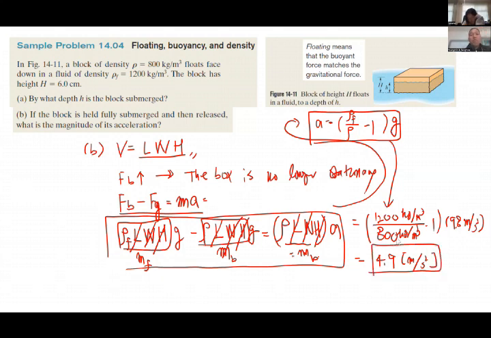So if you fully submerge this box into this fluid and then just take off your hands, then the box coming out of the water does so with 4.9 meters per second squared acceleration. Once it reaches the equilibrium, there's no longer a net downward force. But there's some kind of spring effect.